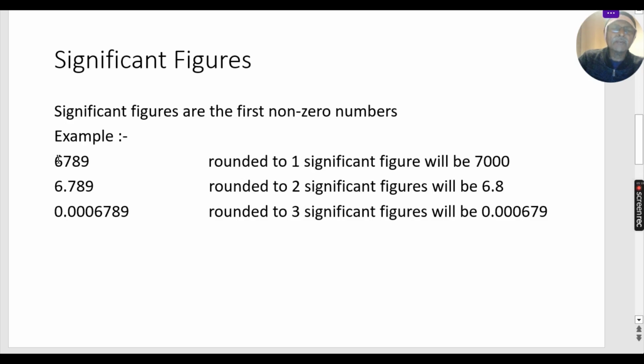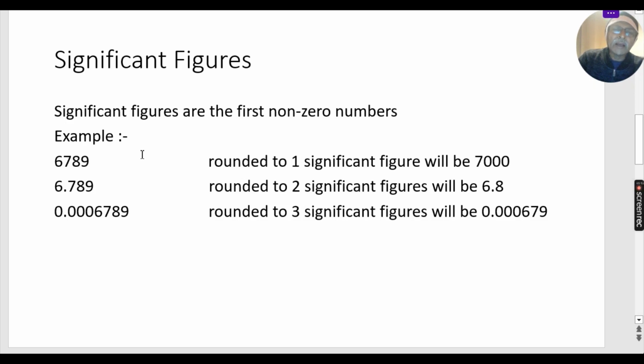One significant figure means the first non-zero number, which is 6. After that, using the same principle, if the next digit is 5 or more, we'll add 1. If it is less than 5, we'll ignore. So here it is 7, so this will become 7. So rounding off to the first significant figure will make it 7,000.